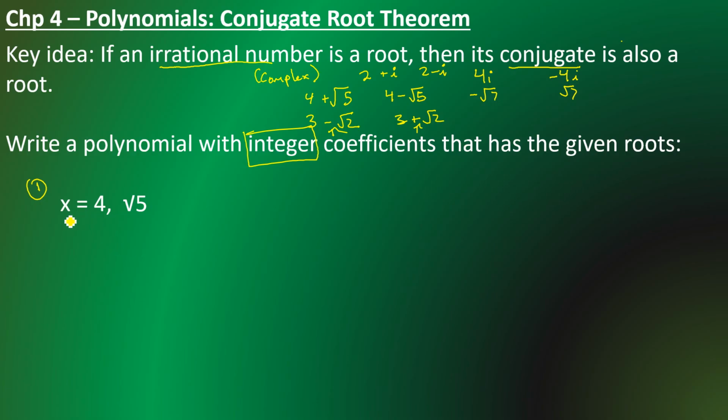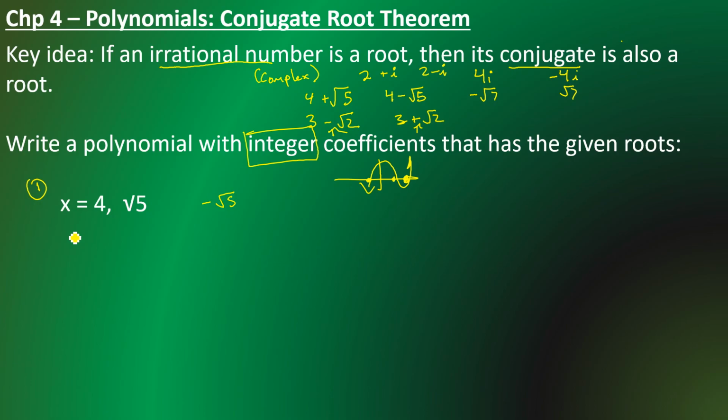I have been given these two roots, which means that if I were to graph the polynomial, I have a root at 4 and a root at root 5, which is somewhere over here. And then because of the conjugate root theorem, I also will have a root at negative root 5, so somewhere over here. So I may have a polynomial that looks like this.